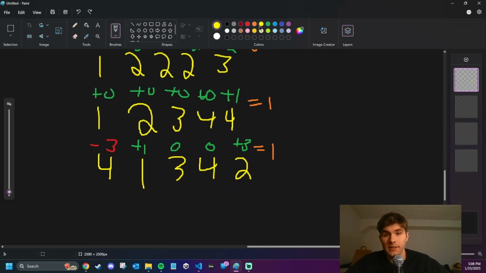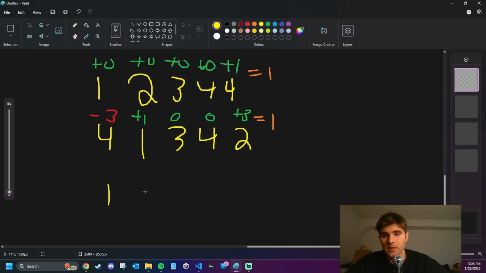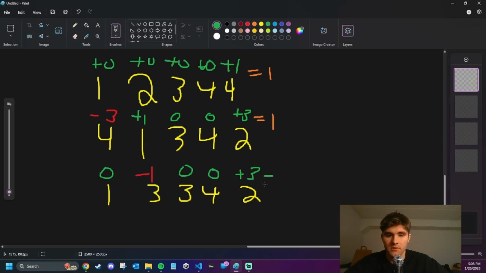So I predict that if I duplicate 3 instead, I should get 2 here. So this will be 0, and then this is minus 1, this is 0, this is 0, and this is plus 3. So now this gives us 2.